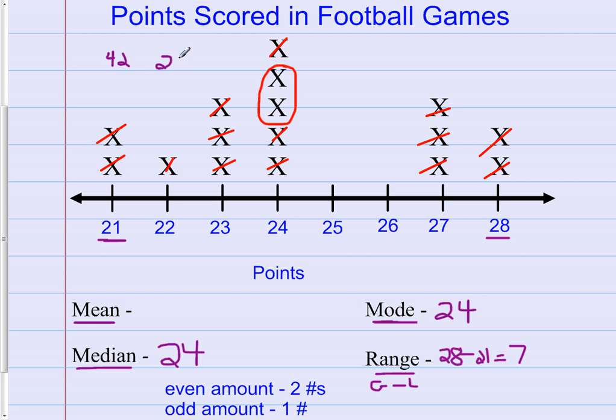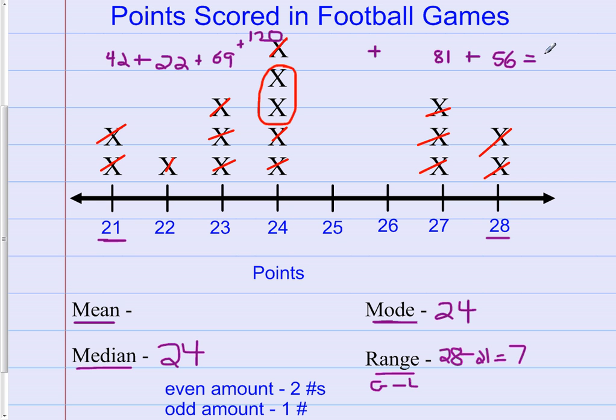This one's 22. And notice I just jot these numbers down at the top. 3 23s is 69, jot that down. 5 24s is 120. 3 27s is 81. And 2 28s is 56. And then the next thing I need to do is add them up going across, and get a final total.